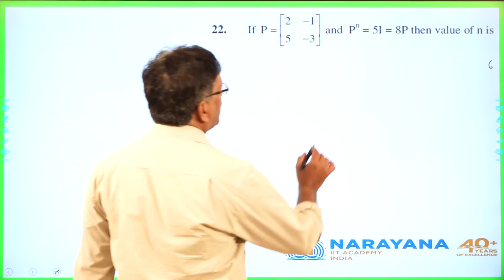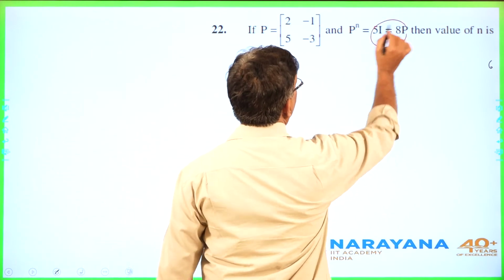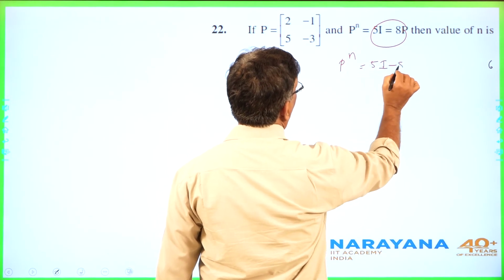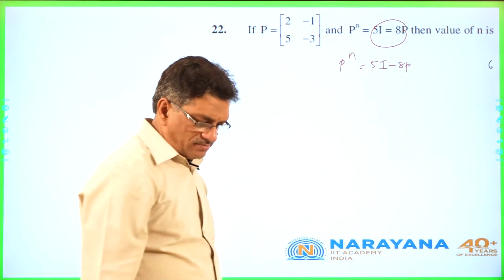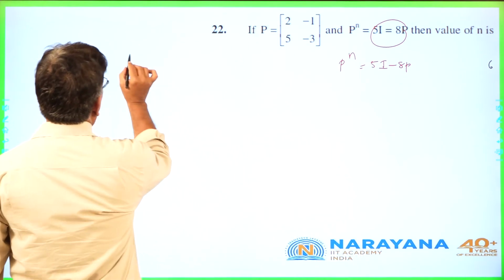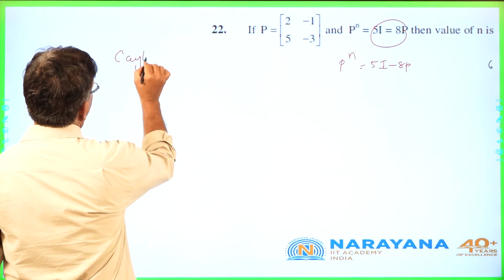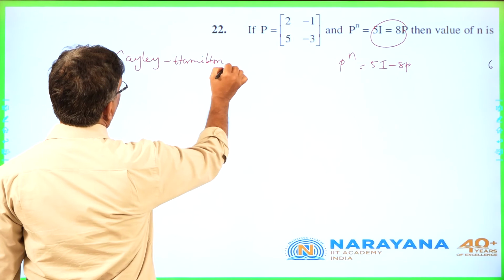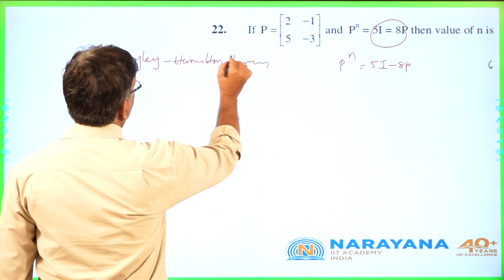Yeah, here I think there is a mistake in this one. He would have given P of n is 5i minus 8p. I hope you know the Cayley-Hamilton theorem, right? I am using that concept, Cayley-Hamilton theorem.